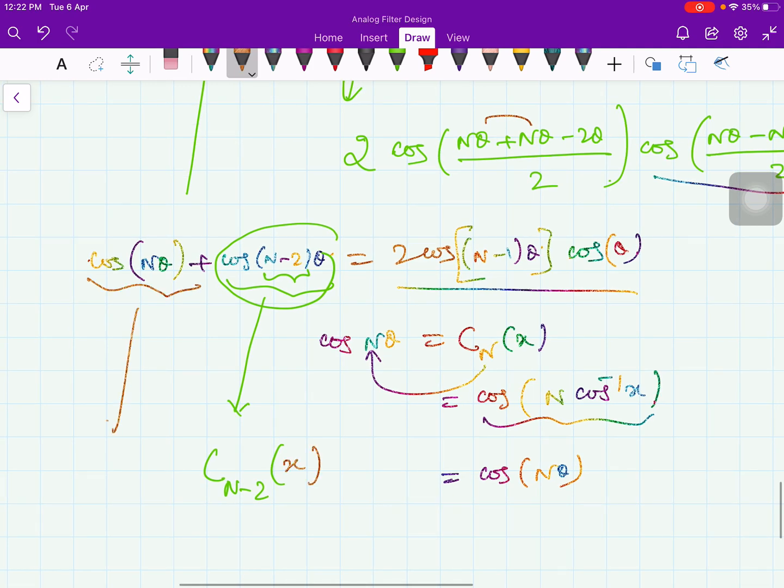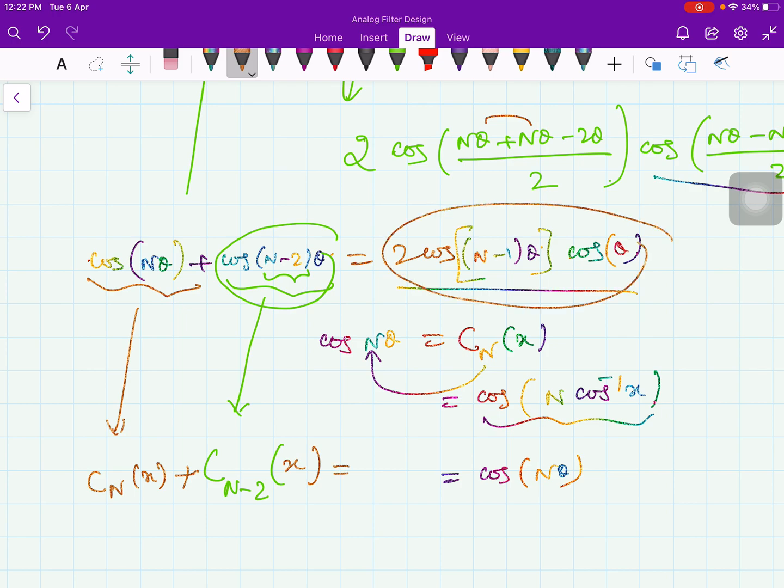And this one is going to be, sorry, I beg your pardon, Cn of x plus. So what is there in the right hand side? Let me use some other color.